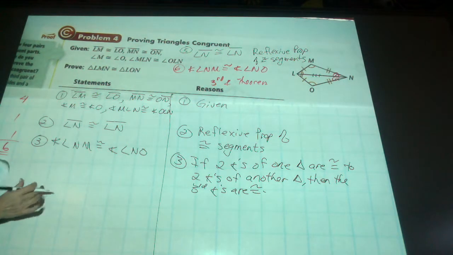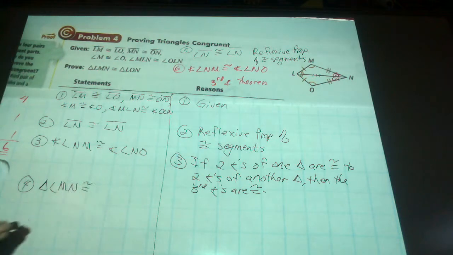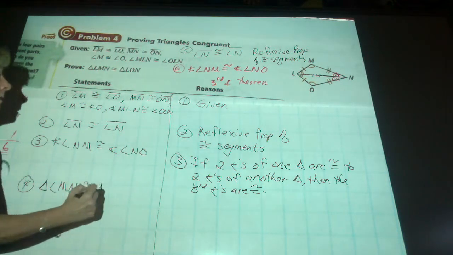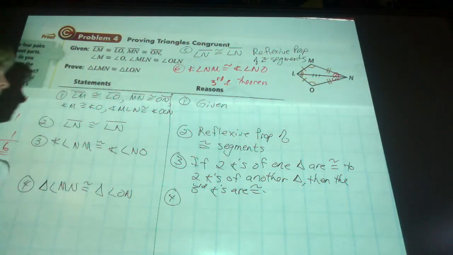I'm going to move this down a little bit. Triangle LMN is congruent to triangle LON. Why? All pairs of corresponding angles and sides of both triangles are congruent. Something to that effect.